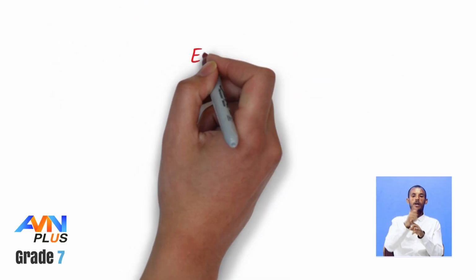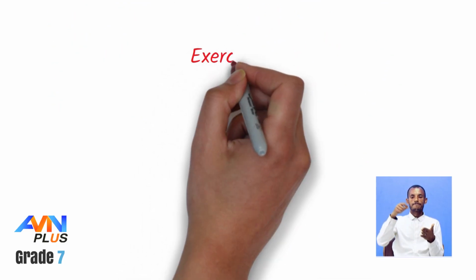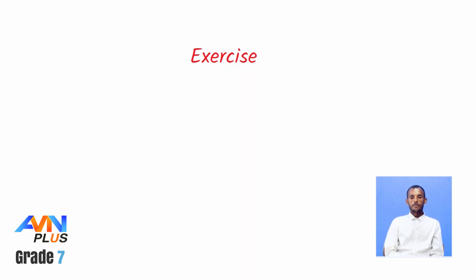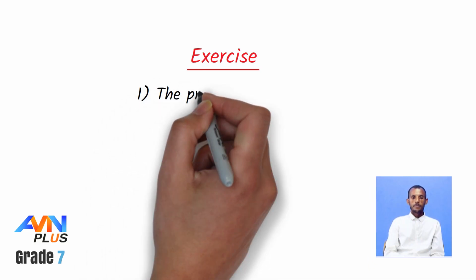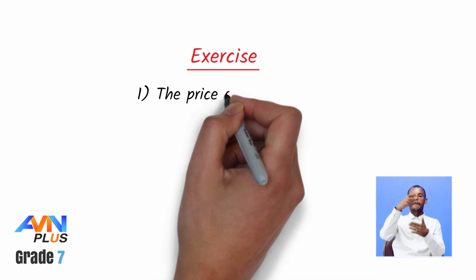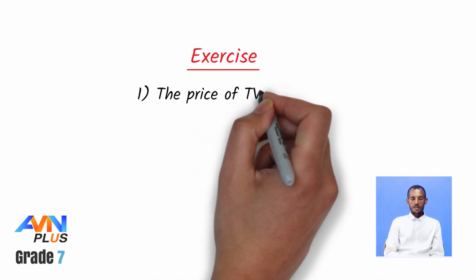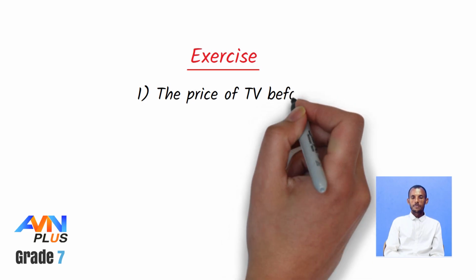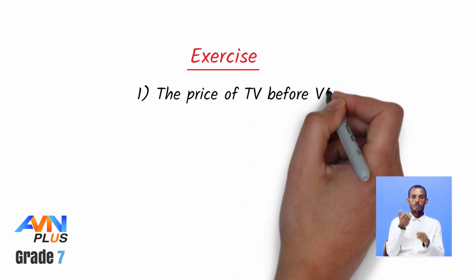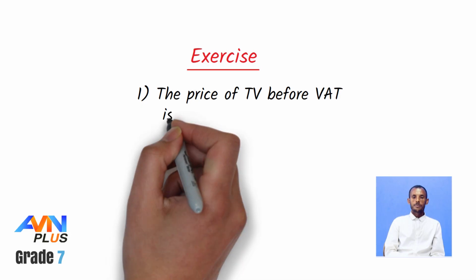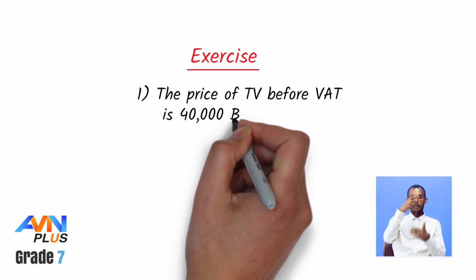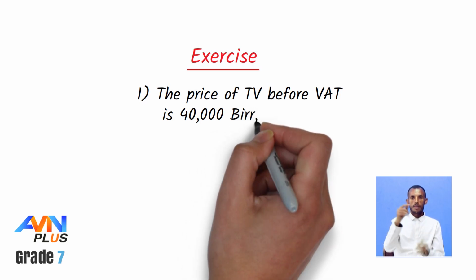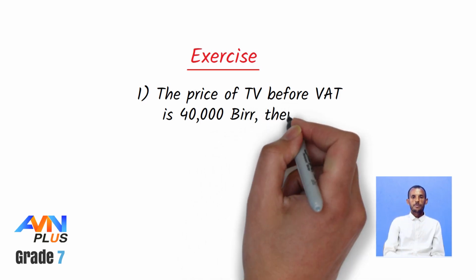Exercise: the price of a TV before VAT is 40,000 birr.